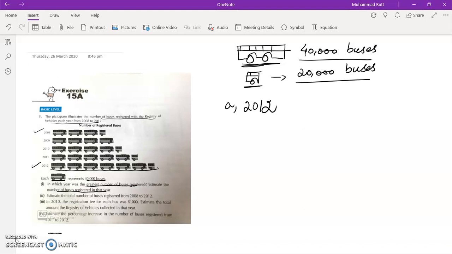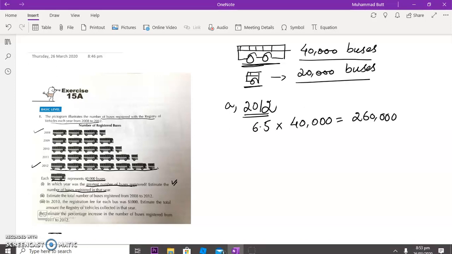We can count them: 1, 2, 3, 4, 5, 6, and it is 6.5. As one bus is representing 40,000 buses, so 6.5 buses are representing 6.5 multiplied by 40,000, and it is 260,000. So it means that 260,000 buses were registered in 2012.